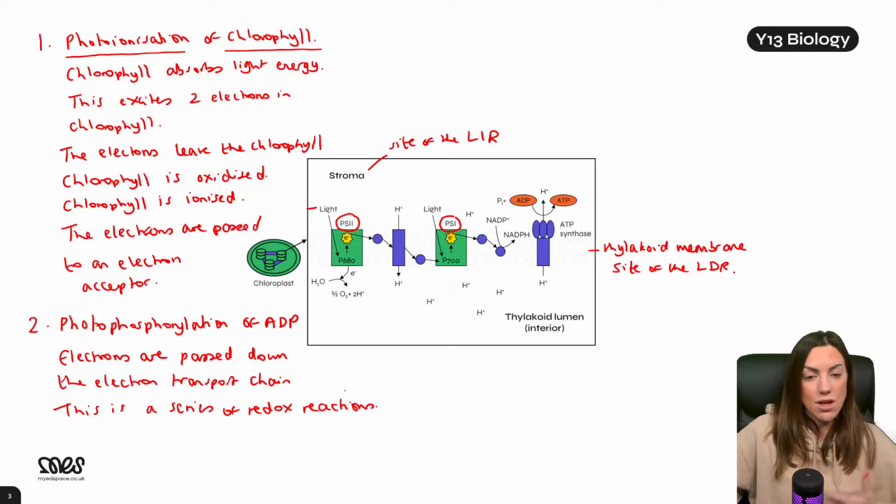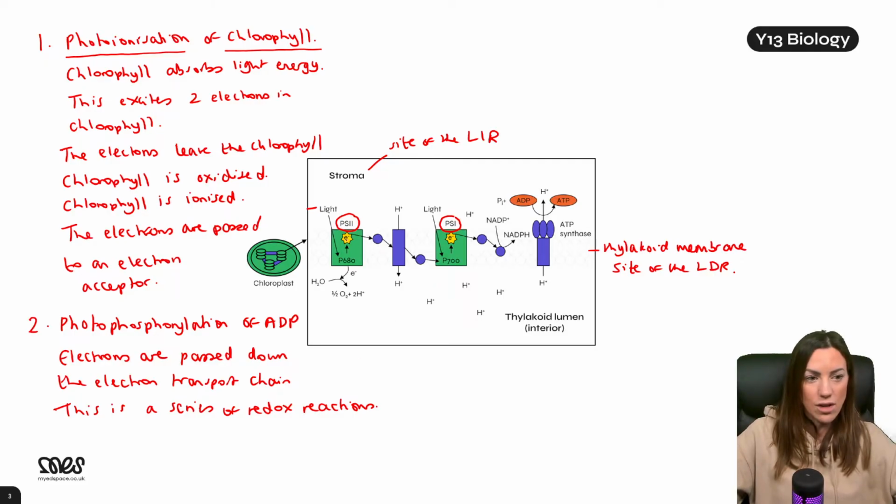Because when the electrons are passed to the first electron acceptor, that acceptor has gained electrons and so is reduced. When the electrons pass to the next electron acceptor, it gains electrons and is reduced, whereas the previous electron acceptor has lost electrons and so is oxidized. And that continues along the length of the electron transport chain, so we call it a series of reduction and oxidation or redox reactions.